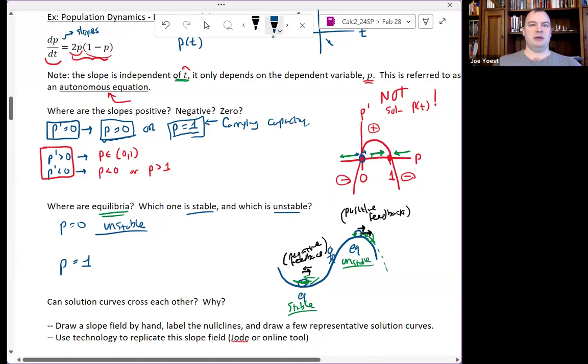In other words, if I have a population that goes from 0 to somehow spontaneously a few folks, then those few folks will have a couple of kids and they'll make more folks, and those more folks will have more kids, and then we start growing away from 0. Whereas P equals 1 is stable.